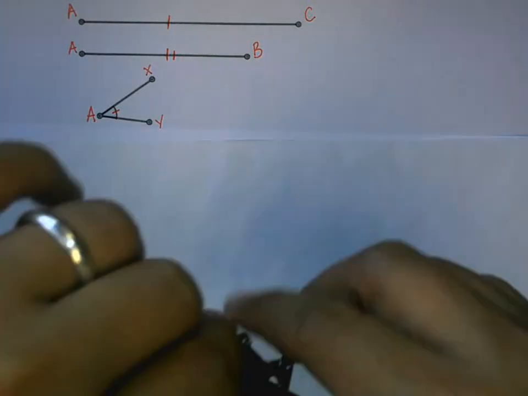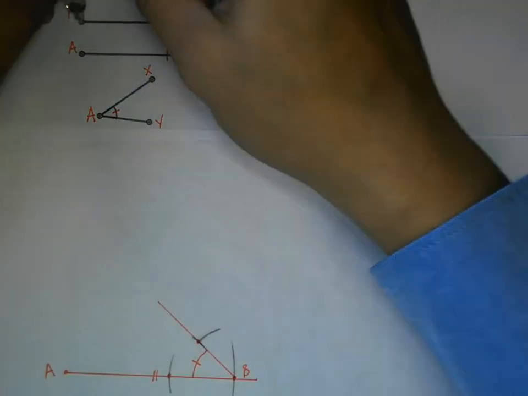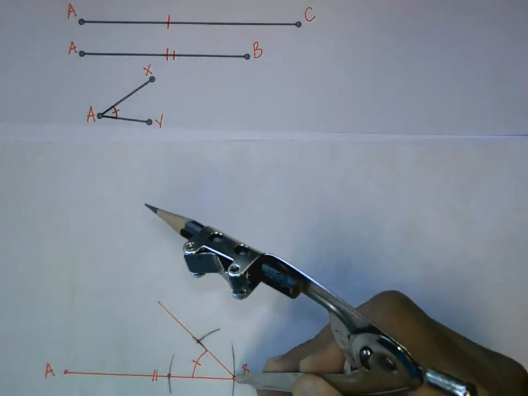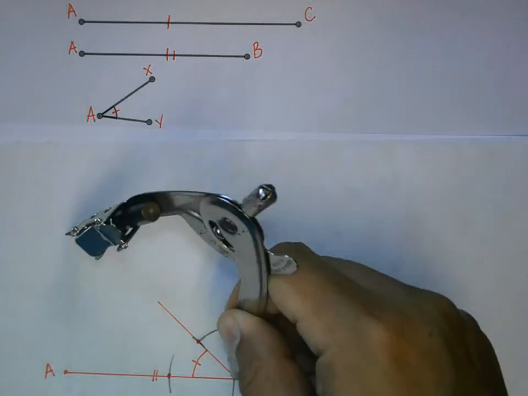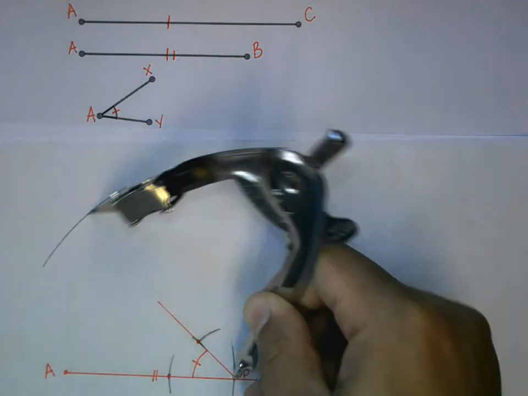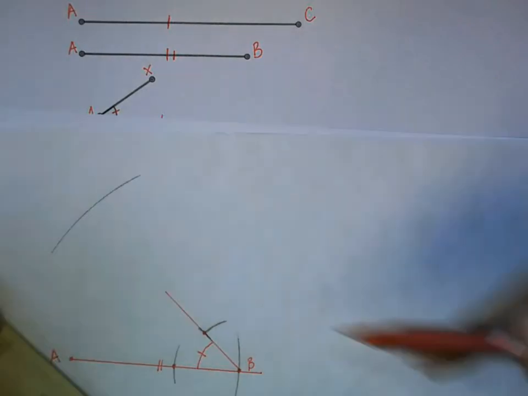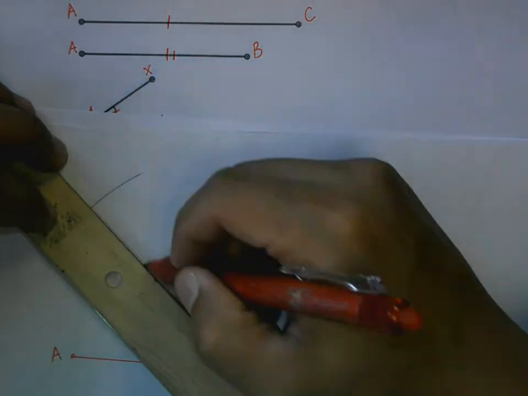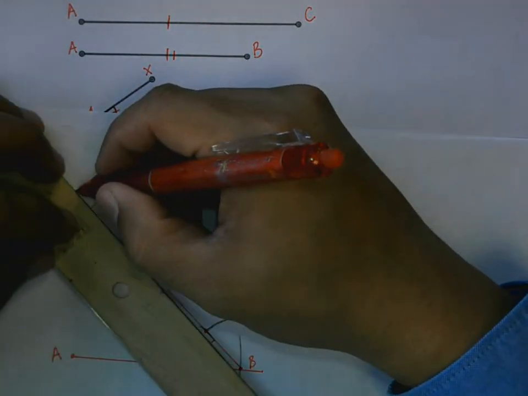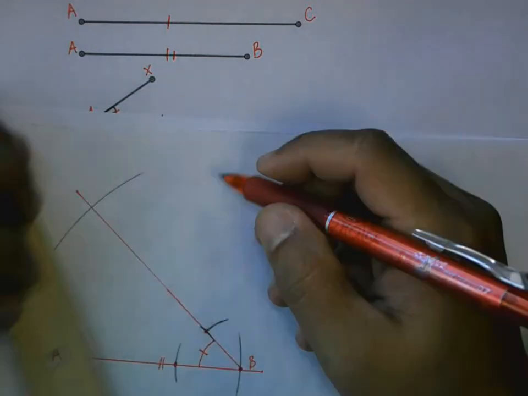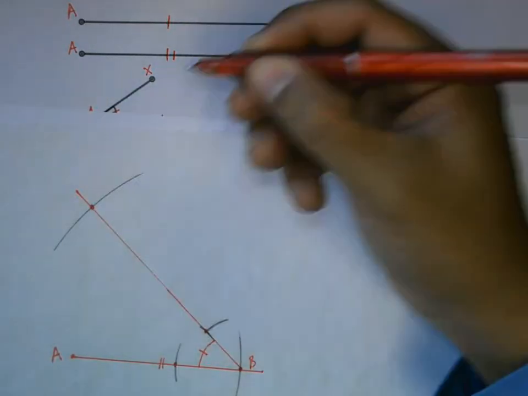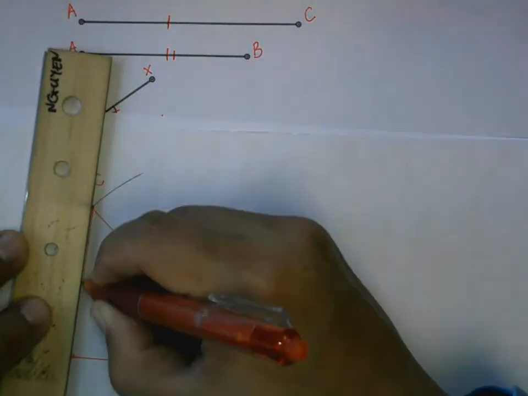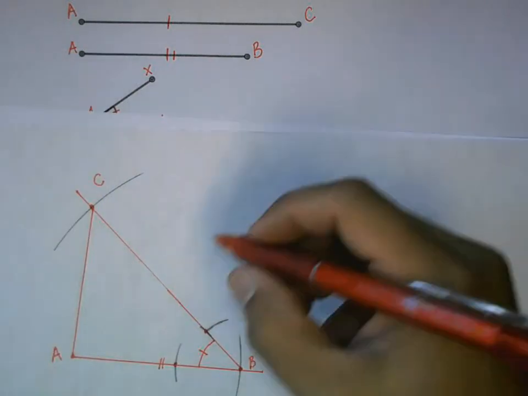And the very last thing that I'm going to do is set the needle on A, the pencil on C, and then needle on B, and draw this arc right here, and extend this segment from B up to there, and put a dot there, and that's going to be the location of point C. And then finally close it out by drawing that last line segment.